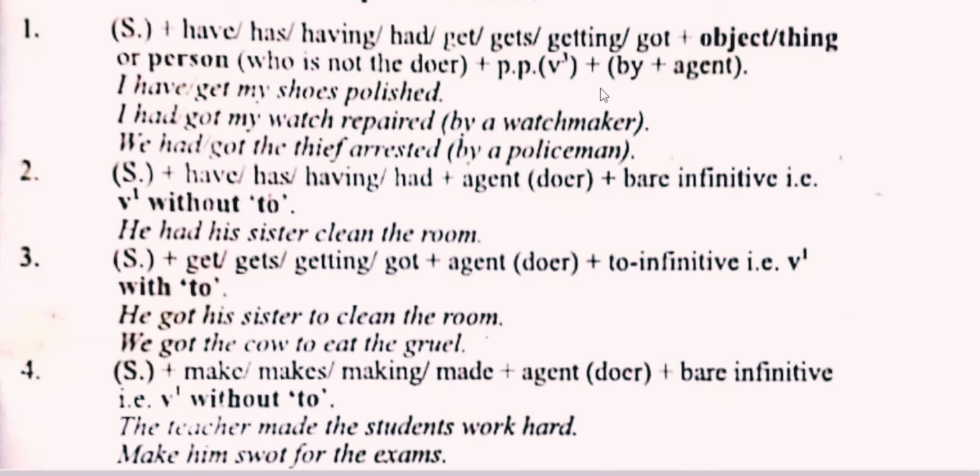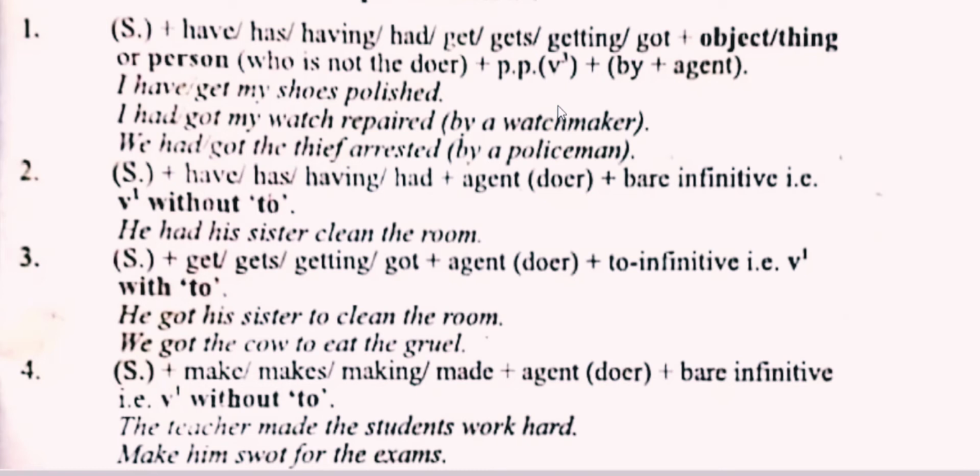So by a watchmaker is agent here. So I had or got, not had got together, either had or got, one verb. Have, get, and make are three causative verbs. So here we use had or got in both.